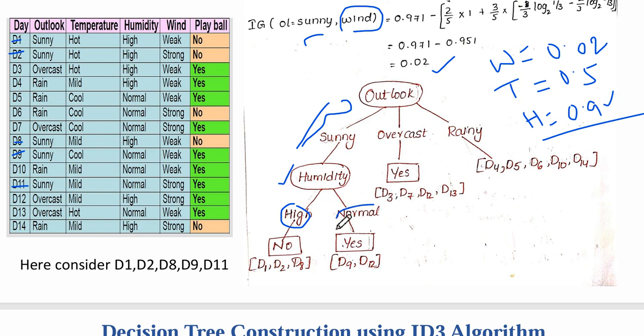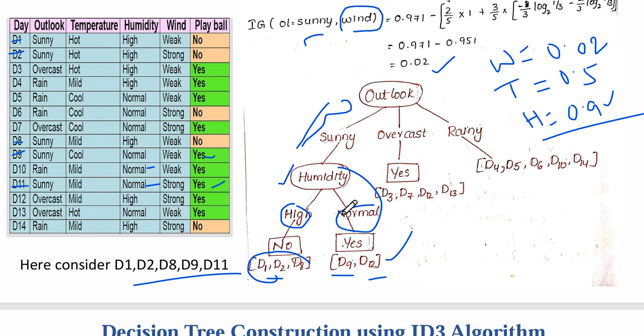Now what are the values of humidity? High and normal. From these five records, if humidity equals high, D1, D2, D8 are no class. D9, D11 are which class? Yes class, and humidity is normal. Understood? Clear?